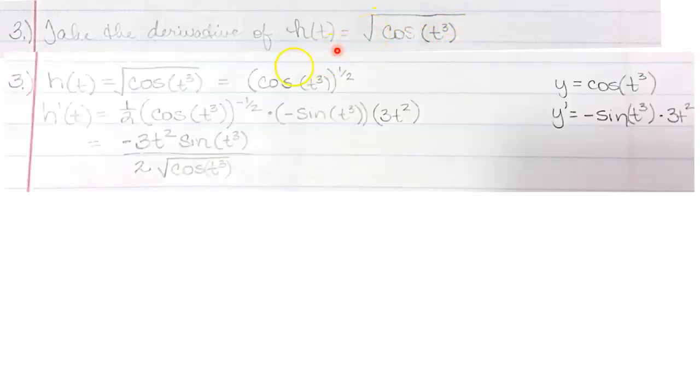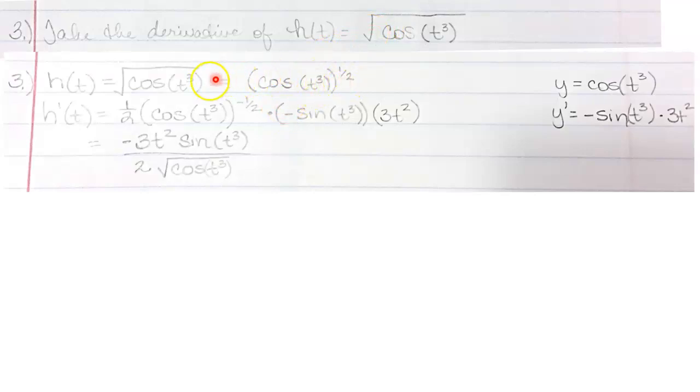over 3x. For 3, they ask us to take the derivative of this radical, and remember that you cannot take the derivative of a radical with a quantity under that radical. So we want to try and get that quantity out. So just like we did a second ago, this entire thing is being raised to the 1st power, and then it's the square root of that. So I would rewrite that as cosine t cubed to the 1/2.